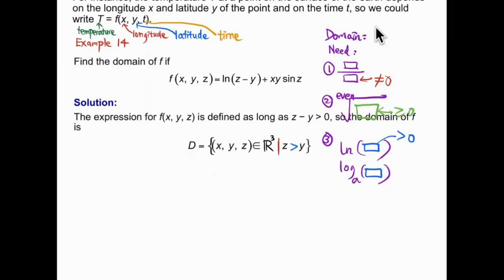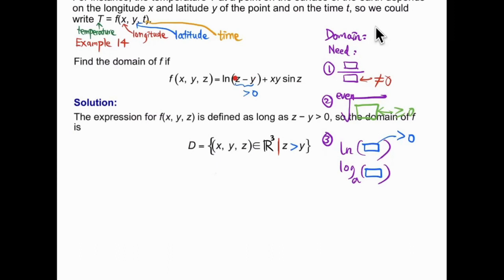If you have a log function, say ln or base a log, then it is required that the quantity inside this log has to be strictly greater than 0. So here is an ln function. So it is required that this quantity be strictly greater than 0 in order for this to be defined. If it is equal to 0 or less than 0, then ln of that is undefined.